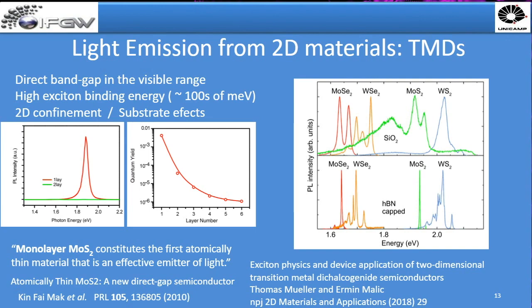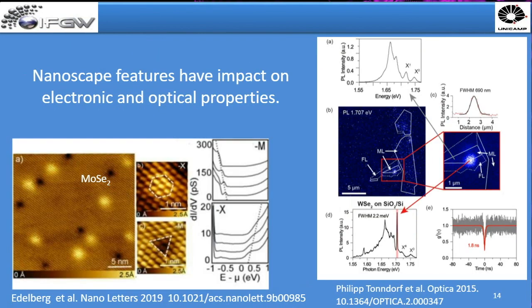So there are plenty of interesting things to be studied in these materials, which are, so to say, a promise for the next generation of flexible LEDs, for instance. And there are plenty of interesting things to learn from this.